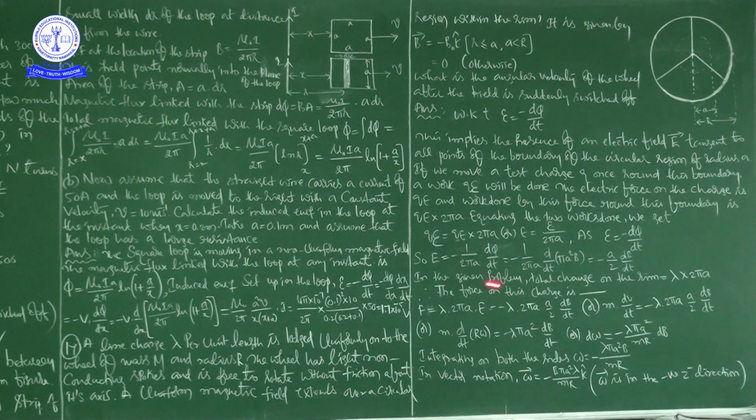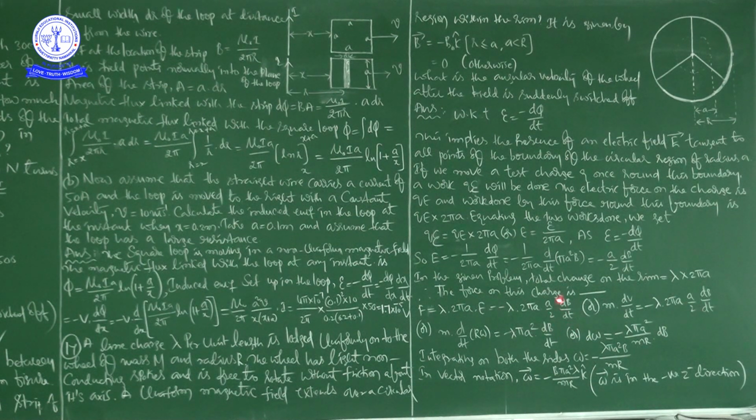Now see this one. First I will explain the information and then I will go for calculation. In the given problem, total charge on the rim is equal to lambda into 2 pi A. Therefore, the force on this charge is F is equal to lambda into 2 pi A into E. So the E value we already know here, minus lambda into 2 pi A into A by 2 into dB by dt.